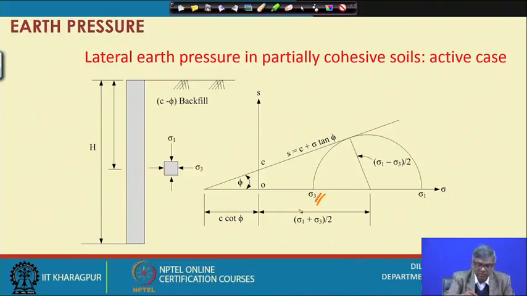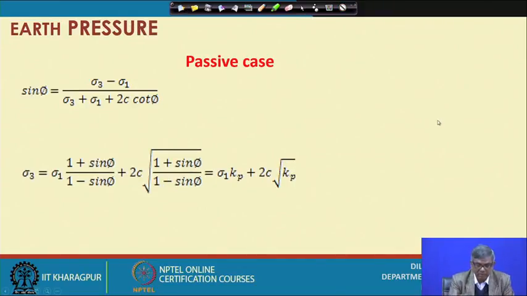So, if I do this change accordingly, ultimately this by this is sin phi. So, for the passive case, your expression for sin phi will be sigma 1 minus sigma 3 by sigma 3 plus sigma 1 plus 2c cot phi. Sigma 3 is the bigger one there actually.